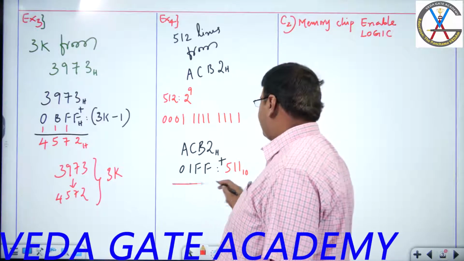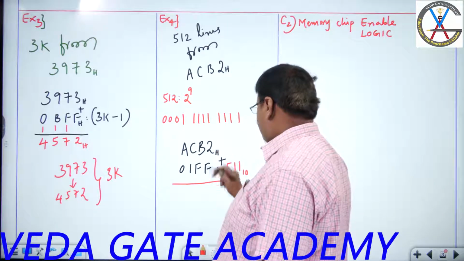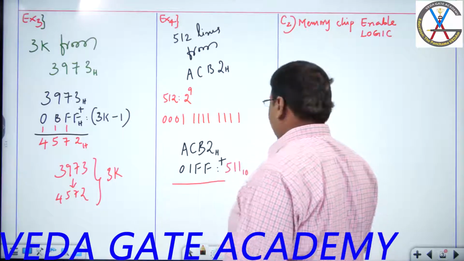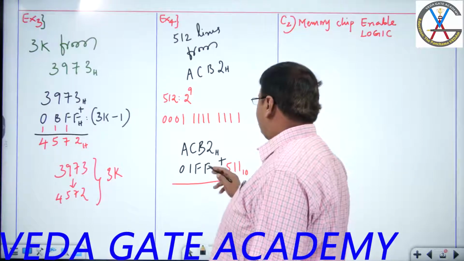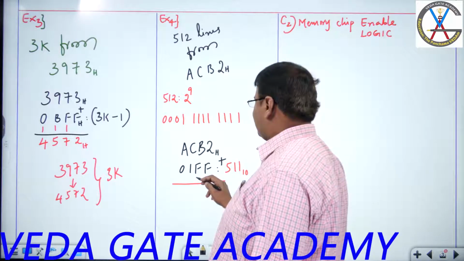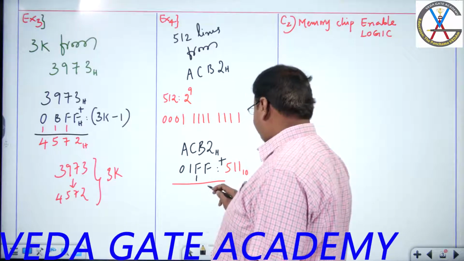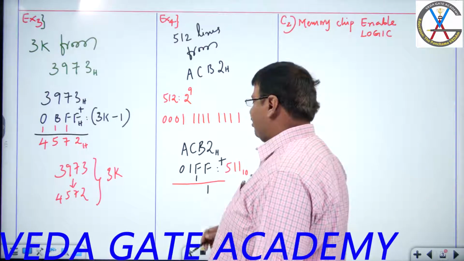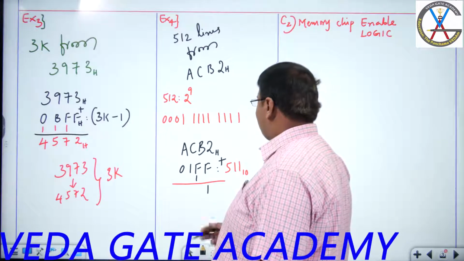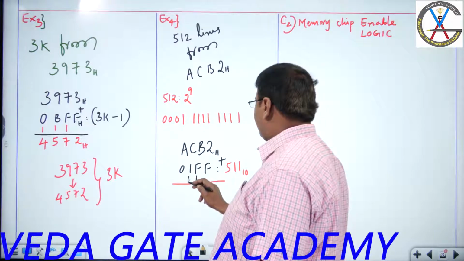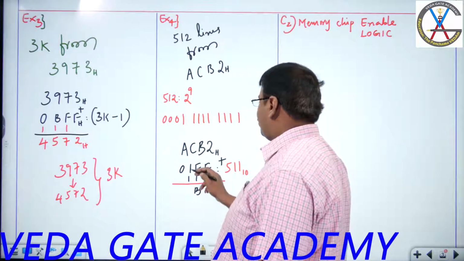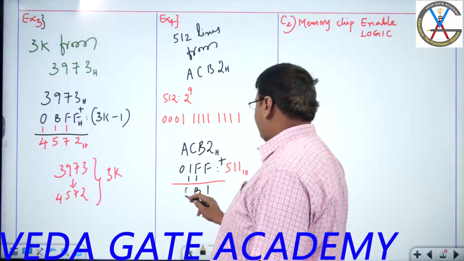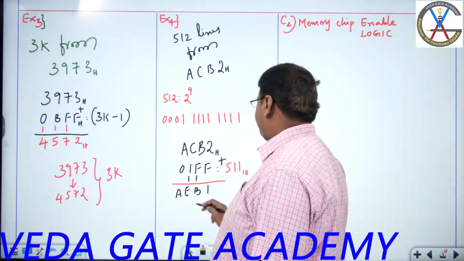Addition, please. 2 plus F, 15 plus 2, 17. 17 is 16 plus 1, 1, 1. So 16 plus 11, 27. 27 is again 16 plus 11 only, 1B. So 2 plus C, 14, E. A remains the same. So AE B1.